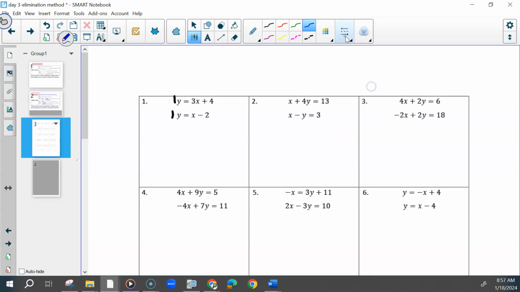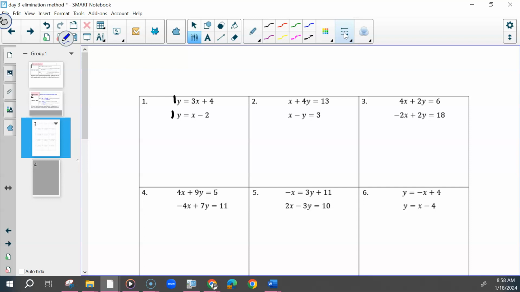So once you have figured out which one has the common coefficient or similar, we're going to eliminate it. Eliminate means what? Get rid of. So we're going to get rid of the y's by either adding or subtracting.